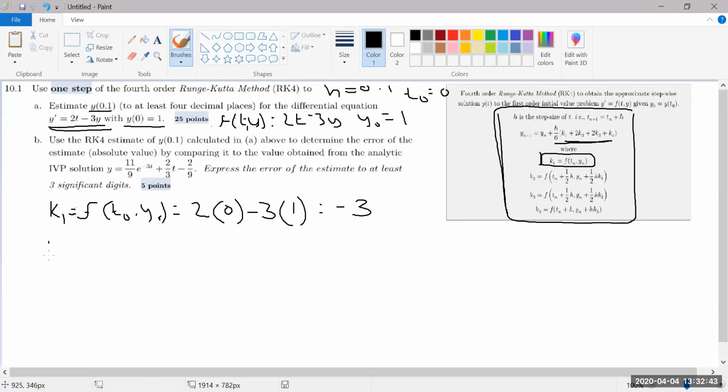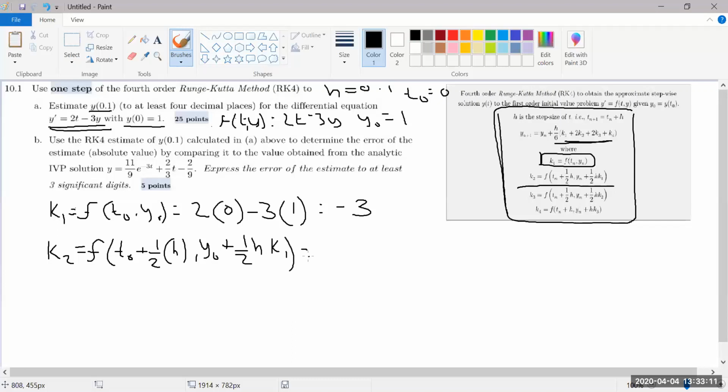Great. So k2, we're going to do the exact same thing. We're going to come look at our chart. So we're given that k2 is equal to the function evaluated at t sub 0 plus 1/2 h, comma y sub 0 plus 1/2 h times our k1.